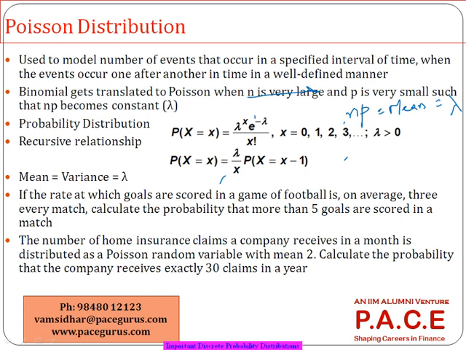So I will not consider N and P separately here. I will take their product, which is constant, and I will have only one parameter called lambda. Using that, I can model the probability of getting X successes using this formula: lambda power X into e power minus lambda by X factorial.